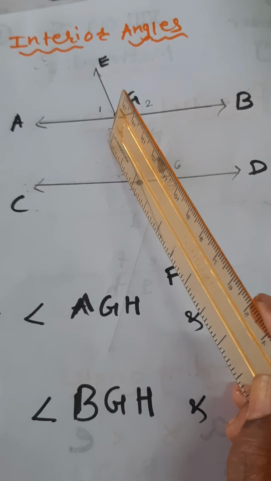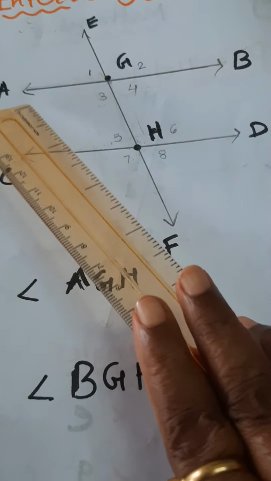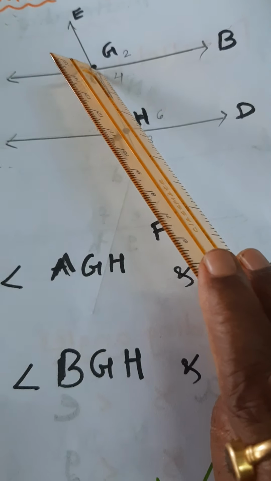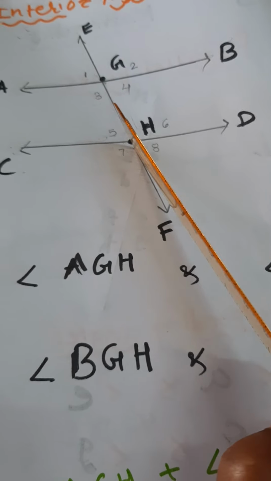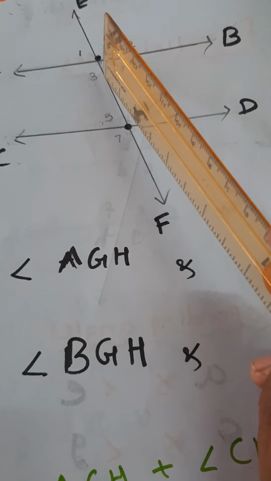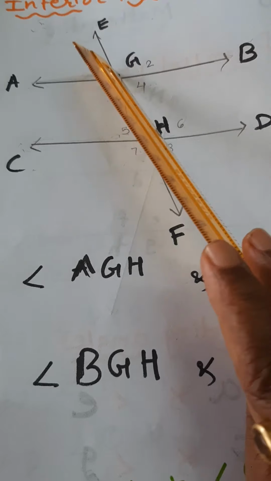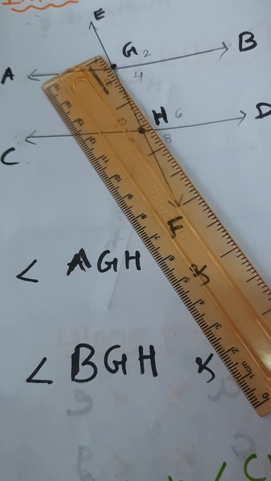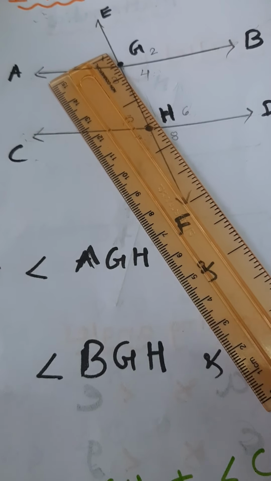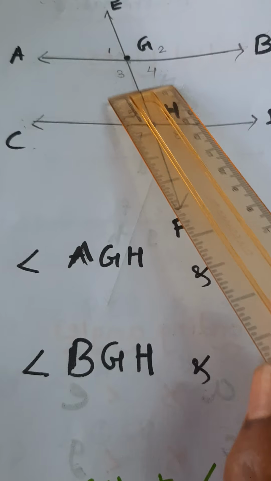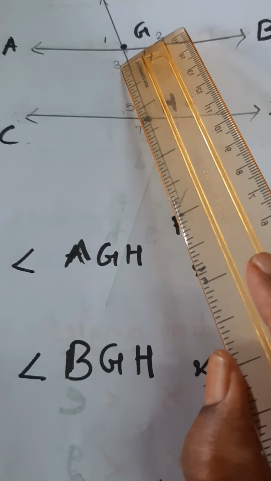Now how to write name of this angle number 3? How it has formed? A, G, H. Now how this angle number 5 is formed? Once again you see angle A, G, H means angle number 3.